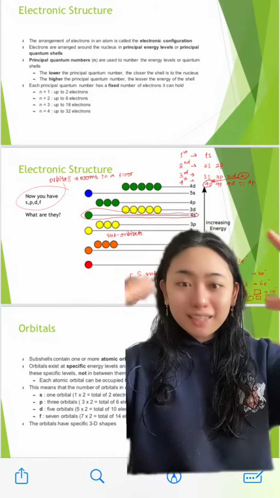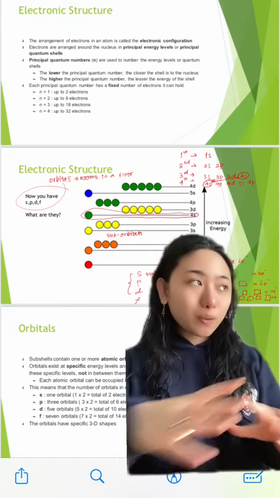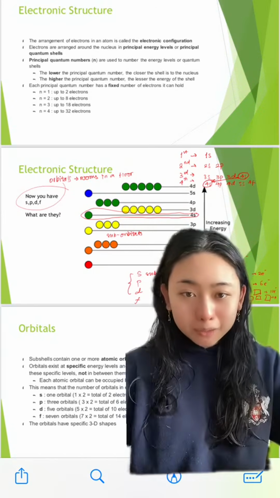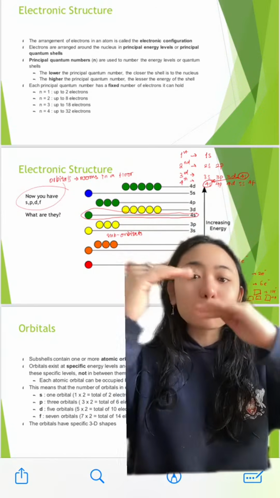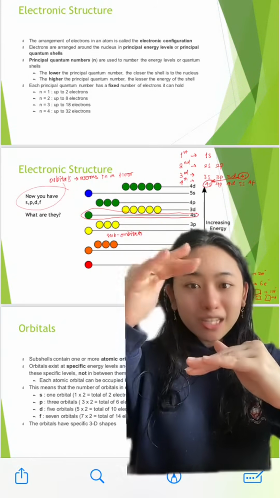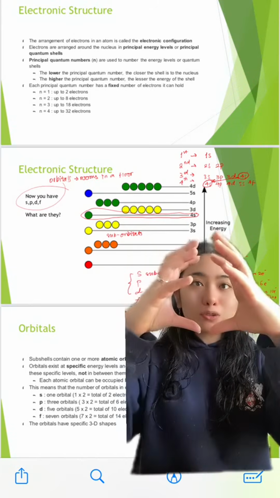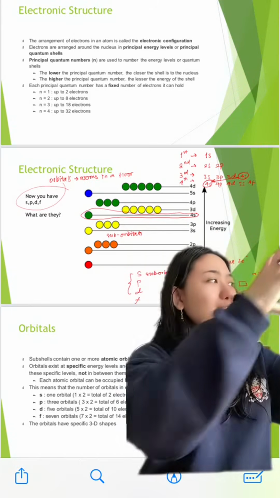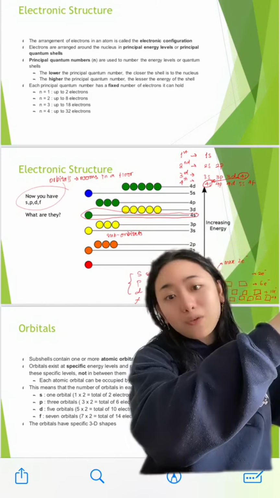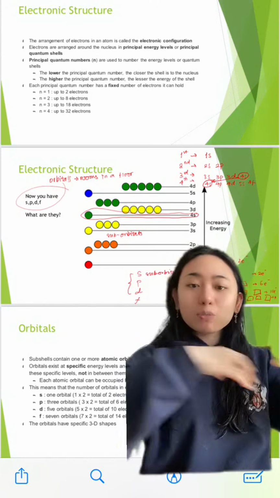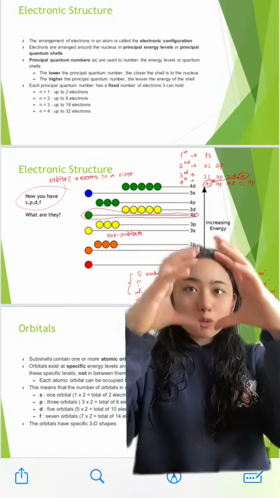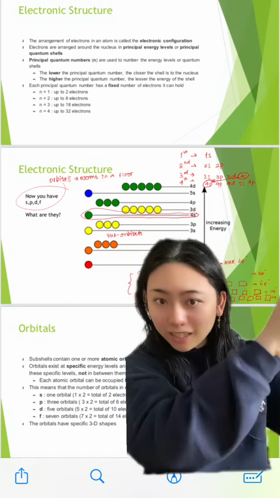Floor 3, this is where it gets a bit funny. When they were building the hotel, they made a mishap somewhere. There's an overlap between floor 3 and floor 4. So you have 301, 302, 401, and then 303. In terms of our s, p, d, f, we say it has 3s, 3p, 4s, and then 3d.